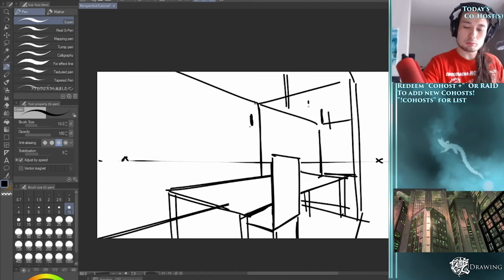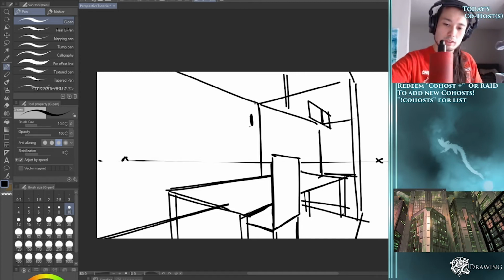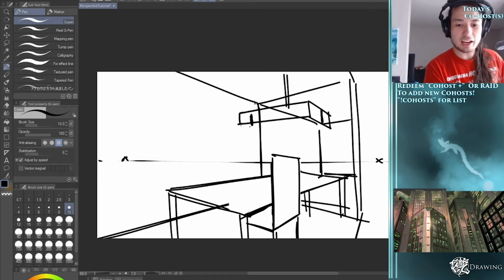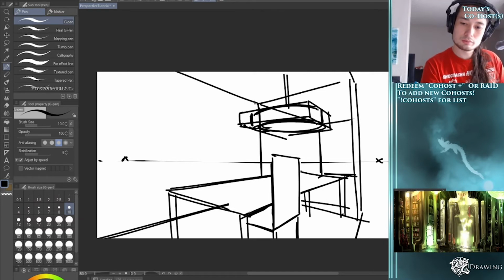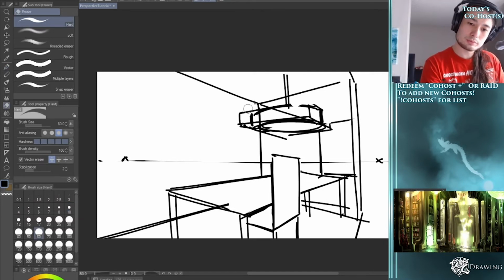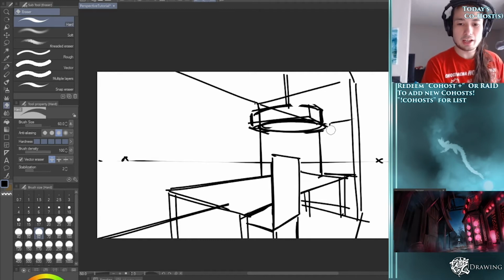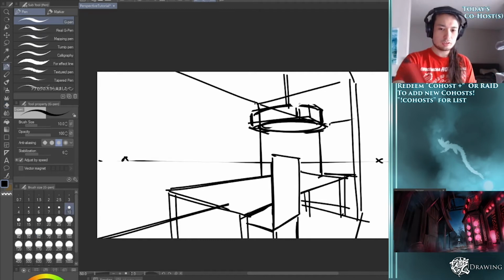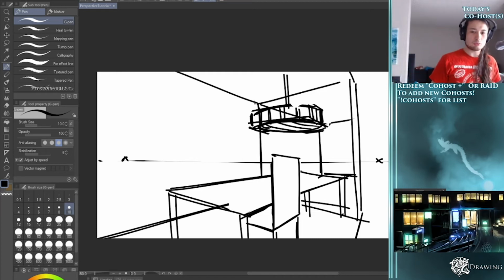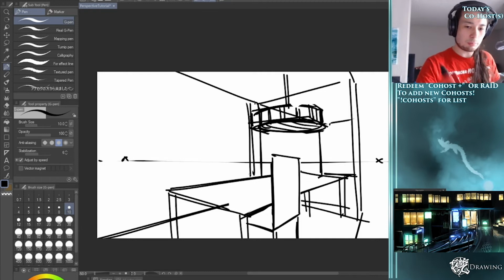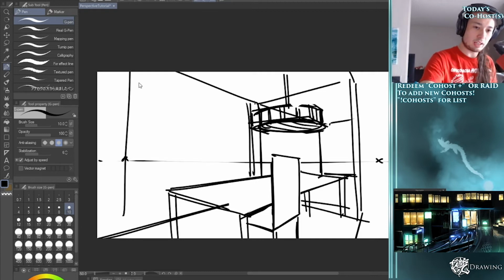We could even, if you really, really wanted to, think of it as the space inside of a block like this. You just draw a circle. And boom. Now we know where the chandelier is. And we can keep breaking it down. You can go from a very simple idea of a space to a very complicated one, step by step, as long as you're comfortable.